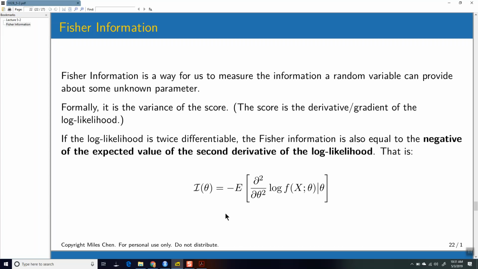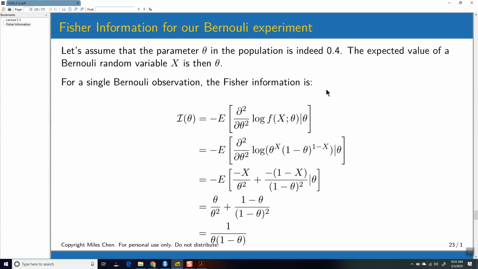All right. I'm going to bring it back to our Bernoulli experiment. So if we talk about, again, having the pouch. This time we're going to assume that the pouch is indeed 40% red.